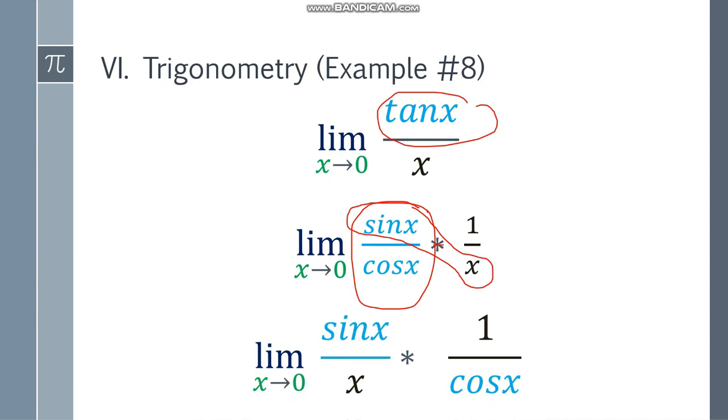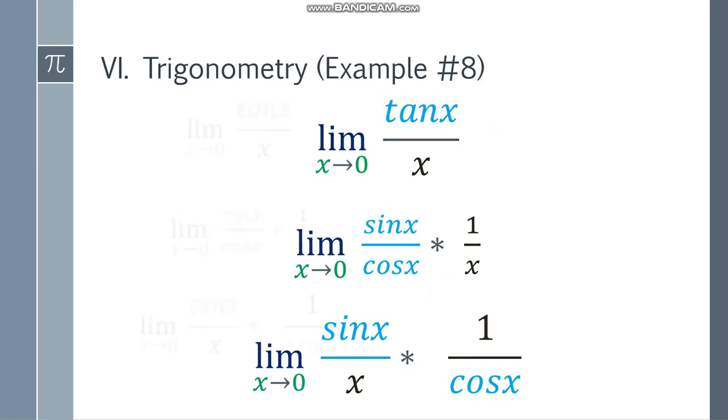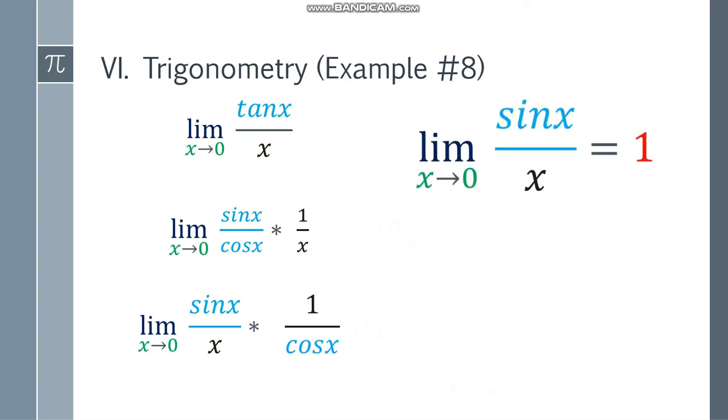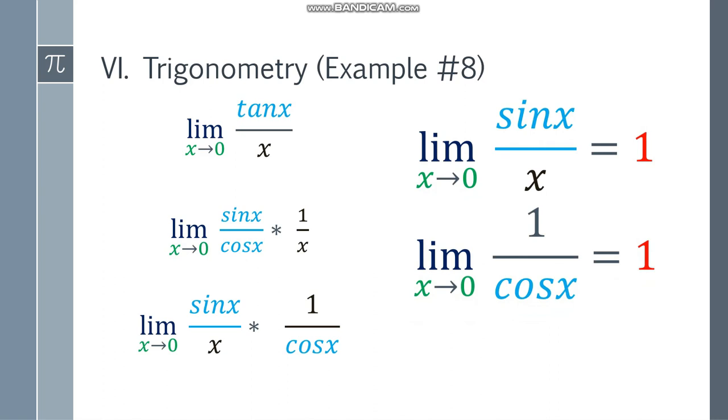Sin x over x. Multiply mo siya sa 1 over cosine x. Next one. So, alam natin na ang sin x over x, pag ang x approaches 0, yung limit niya ay 1. Next one. Remember also, pag ang 1 over cosine x, yung limit niyan, as x approaches 0, 1 din ang sagot. So, we have 1 times 1 is equal to 1.